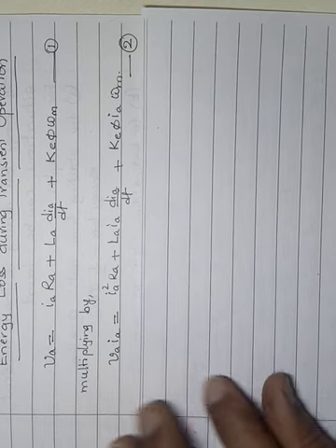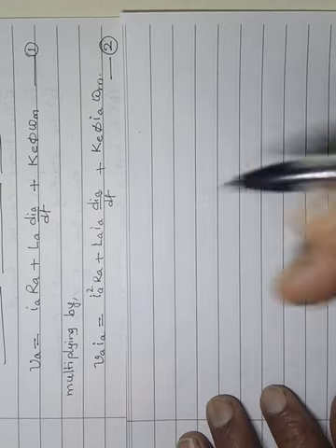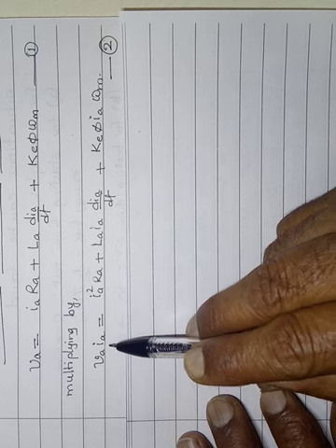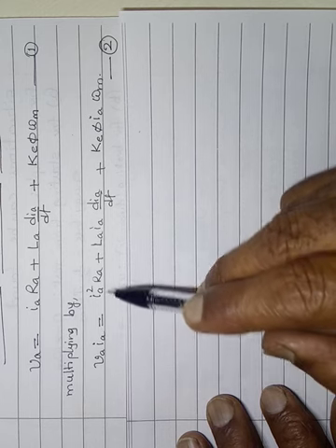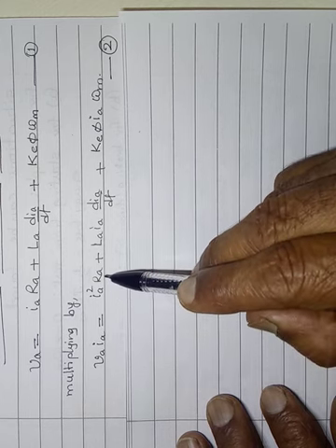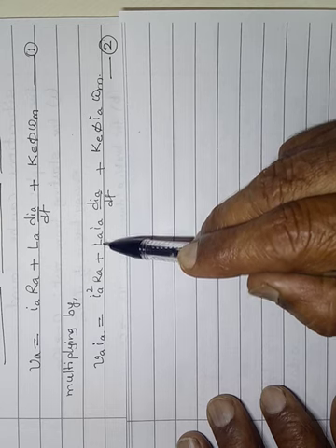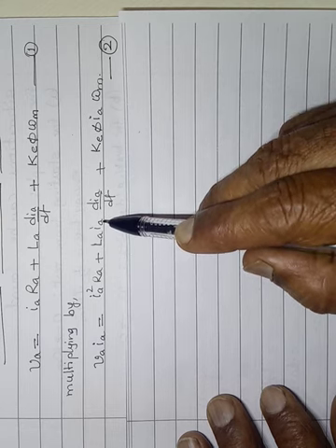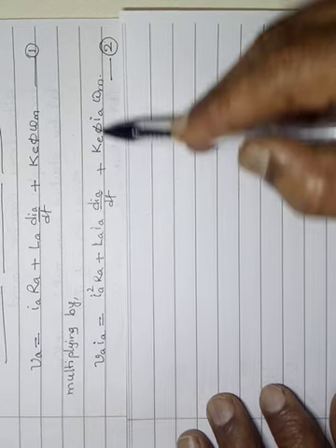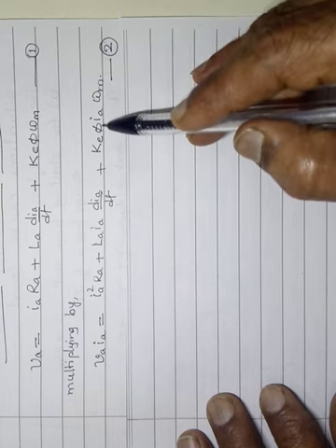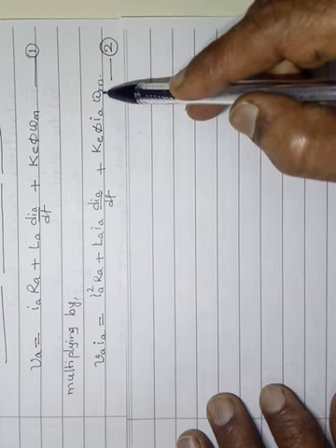Now, if I multiply on both sides by IA, what will it be? VA IA equals IA square RA plus LA IA dIA/dt plus Ke pi IA omega m.